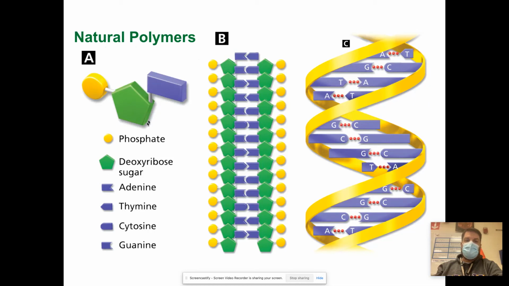These are natural polymers. This yellow part is the phosphate part. The green part is the deoxyribose sugar, and then there are the acid parts, right? So these are the four. In your biology classes, you'll see these as A, T, C, and G. Here is the double helix that they're talking about.